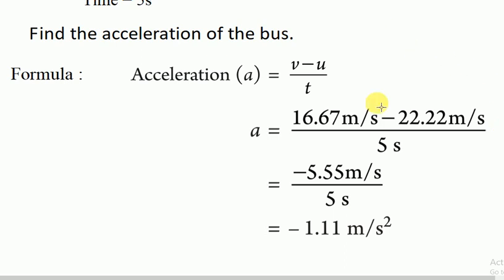Since here initial velocity is greater than the final velocity, the answer which we have got is negative, which is minus 1.11 meter per second square. Hence its negative sign indicates it's a deceleration. That means there is a decrease in speed with respect to time. So this is our final answer.